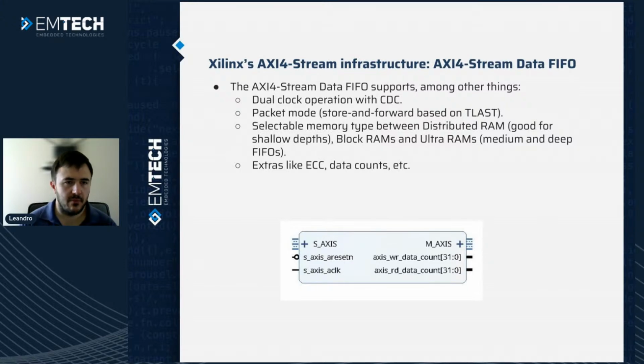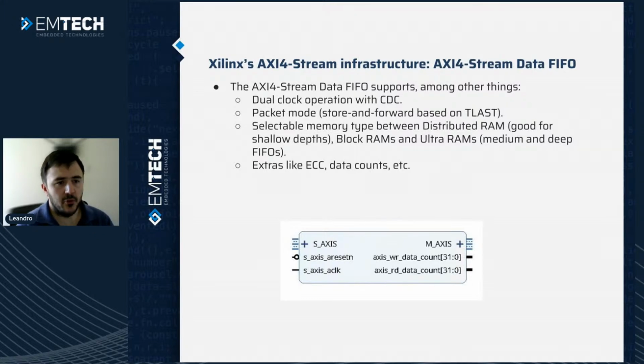The AXI4-Stream data FIFO is probably one of the most useful ones. I put here a small image coming from Vivado, which you're probably familiar with, to show the ports. It also supports dual clock operation, so it does CDC if you want it to. It supports packet mode, so it can actually be a very deep FIFO if you want to do store and forward, which is useful for interconnect sometimes.